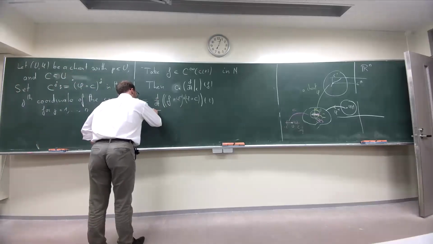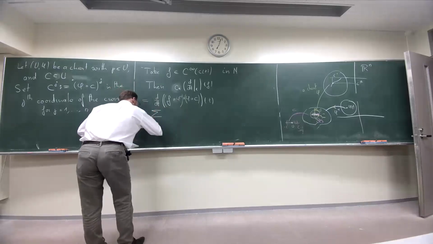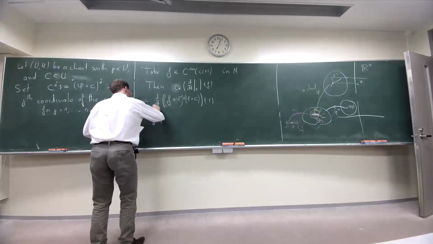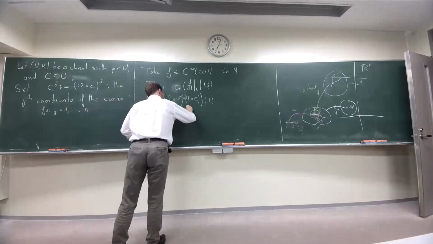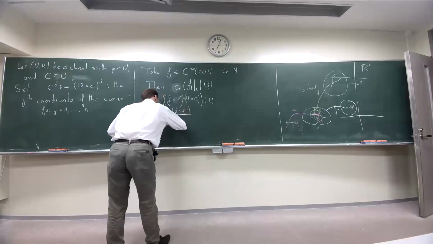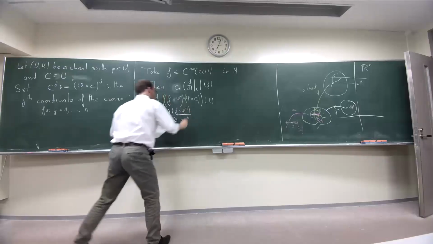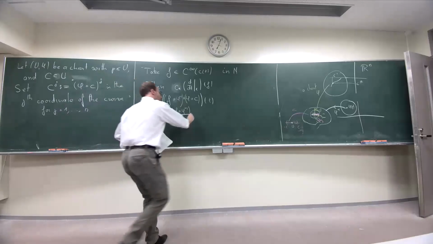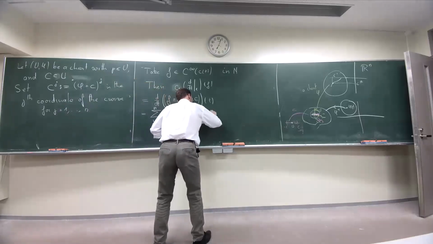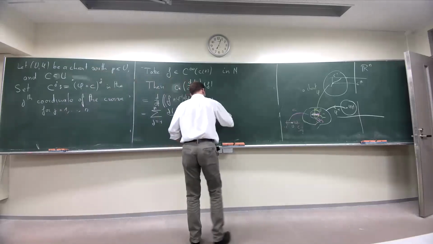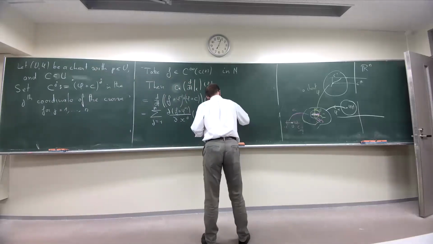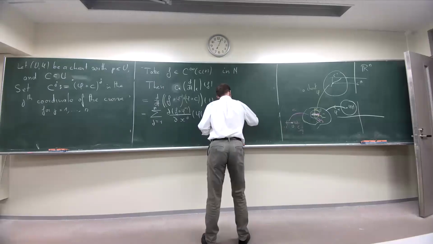So if you remember calculus 2, this is a formula that you should remember: d of f composed with phi minus 1 over dxj, summed over the partial derivatives, evaluated at phi of c of t, which is the second part, times Cj prime at t.